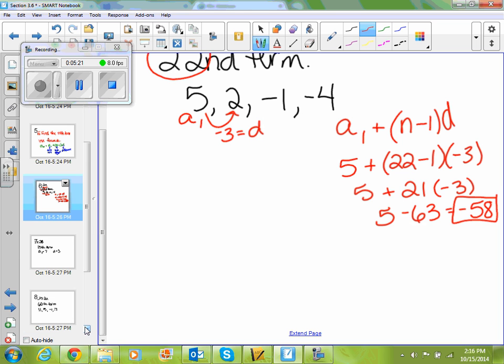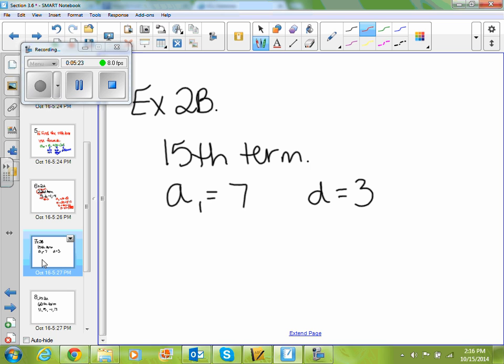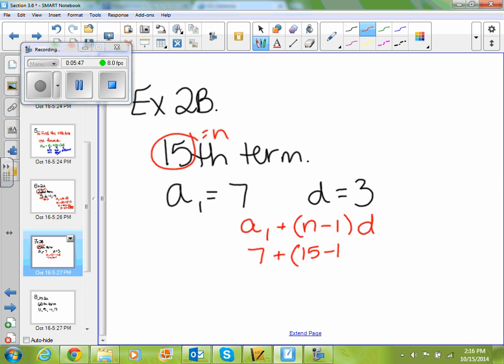Let's do a couple more of those. For my 15th term, I'm already told that my a sub 1 is 7 and my d is 3. So my formula, a sub 1 plus n minus 1 times my d. My a sub 1 is 7 plus 15 minus 1, times 3.